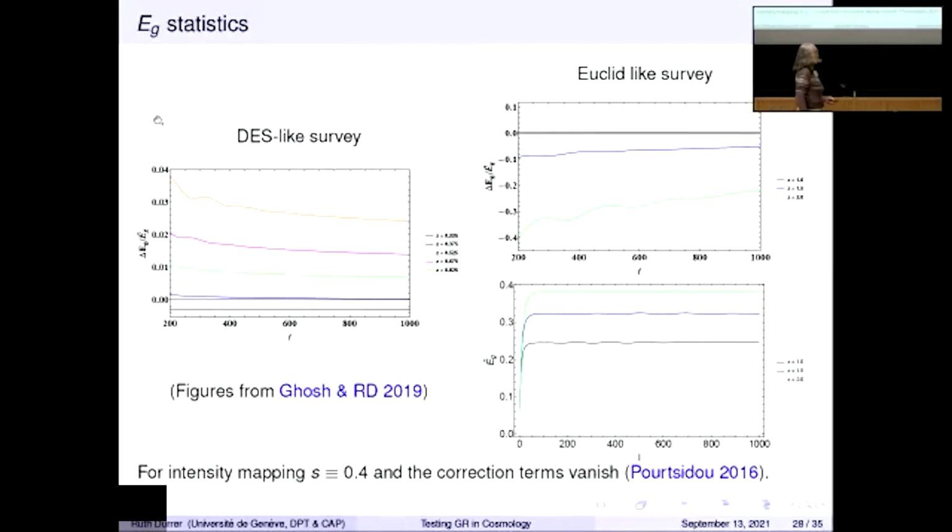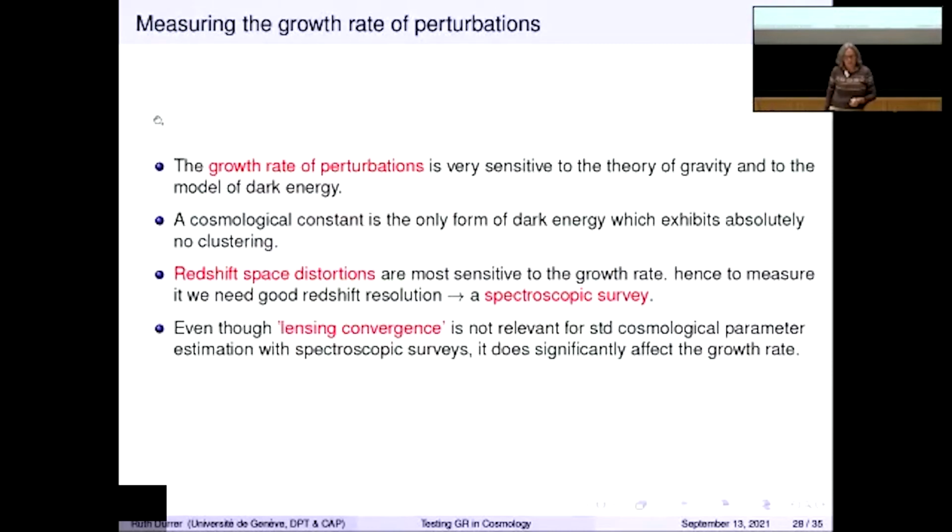Let's not dwell on this. But what is important is if you have a Euclid-like survey, and if you want to measure this EG as a function of L, it should be independent of L, should be constant for a given redshift. And if you don't make the corrections which we introduce, you can make huge errors, especially at higher redshift. So you have to include these corrections to do that.